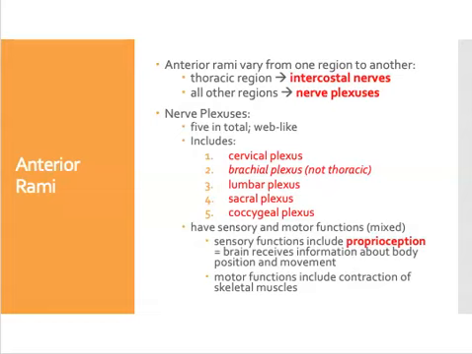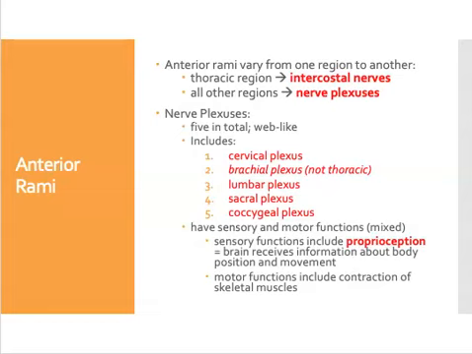In all of the other regions up and down the spinal cord, the anterior rami are going to become what we call nerve plexuses. Now, what the heck is a plexus? It's just a fancy term for a clustering of nerves. So from the anterior ramus is going to sort of spray out a tremendous branching array of nerves.